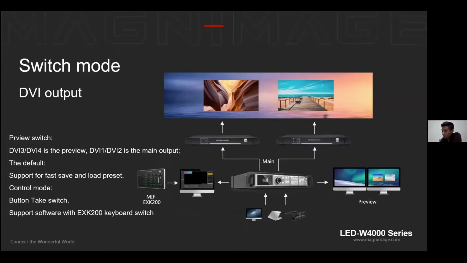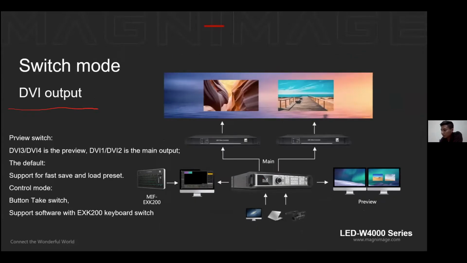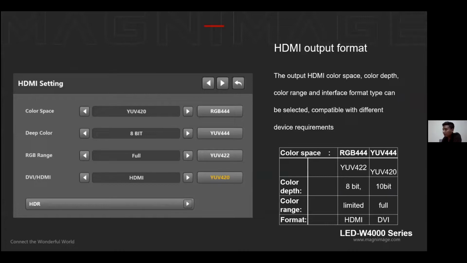And that's another. For the switch mode, we have two choices, HDMI and DVI, depending on the sending card you are using, 2K or 4K. Okay, here I want to introduce some technology. Someone will be confused. What's this?